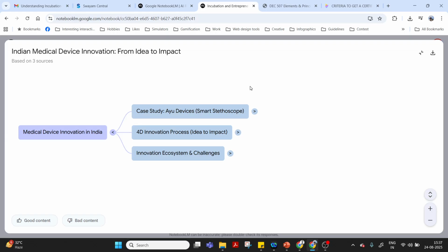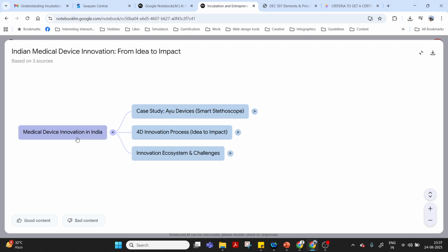So now what you see here is the medical device innovation in India, and it basically has the three core concepts which we discussed.